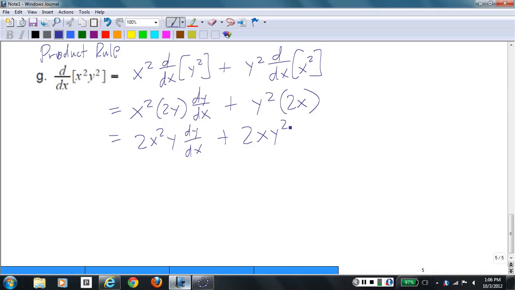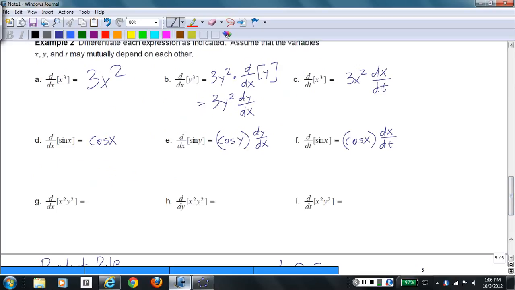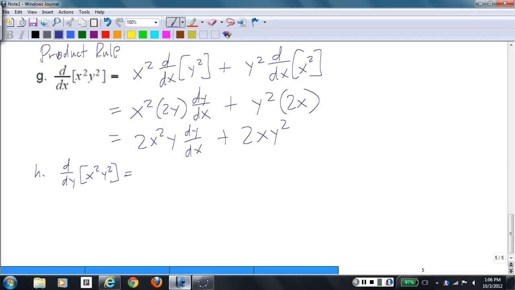Now the next example I think is H, d dx, sorry, I was trying to contrast that, but d dy, isn't it, of x squared y squared? d dy of x squared y squared. And basically we'll get the same thing except reversing the roles of x and y. Pick up all the x's and put y's, pick up all the y's and put x's.